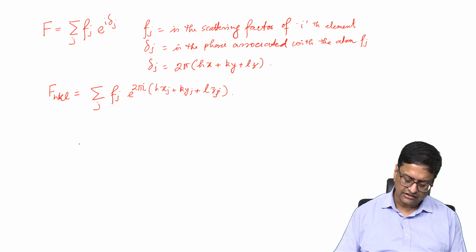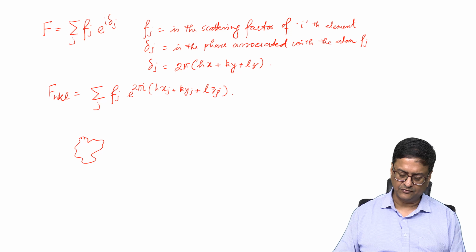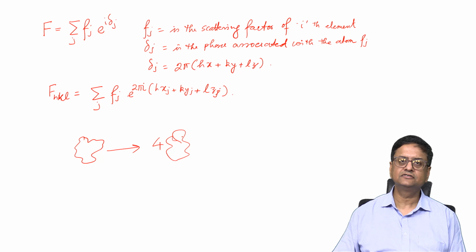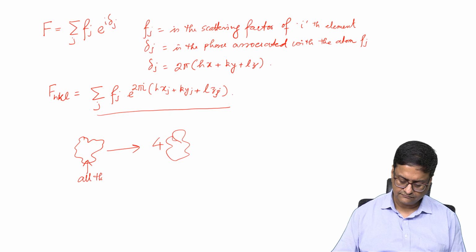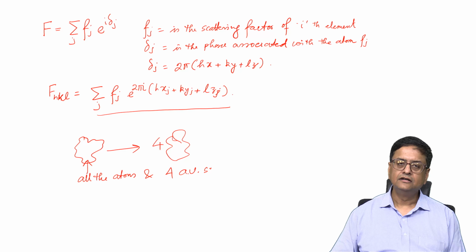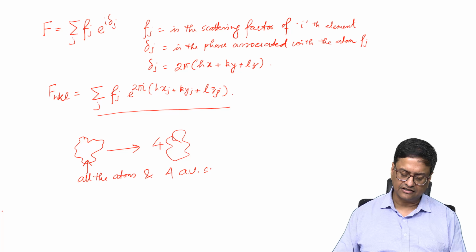So, if I consider one object having some number of carbon atoms, and the symmetry generates 4 such units, we need to do this summation once over all the atoms and once over 4 asymmetric units. So, that means we are doing a double summation of these structure factors in terms of the scattering factor.